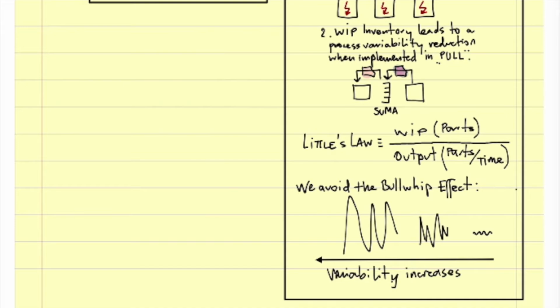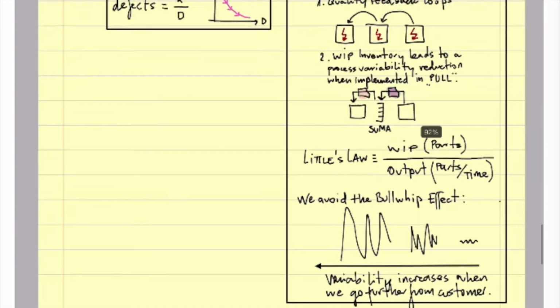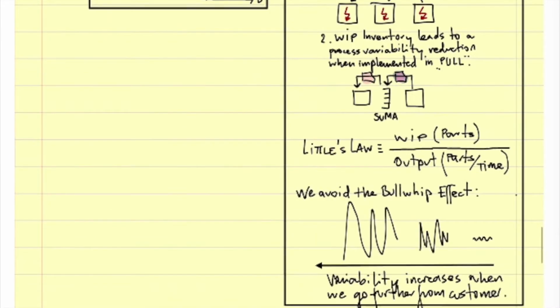Variability increases when we go farther from the customer.